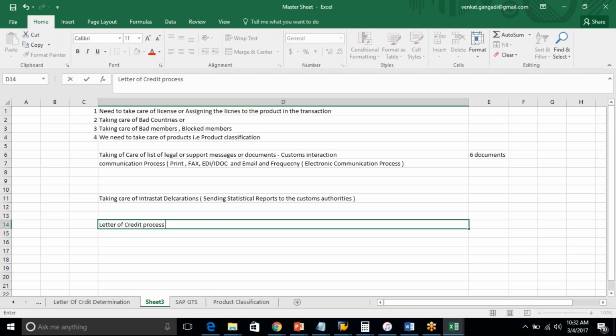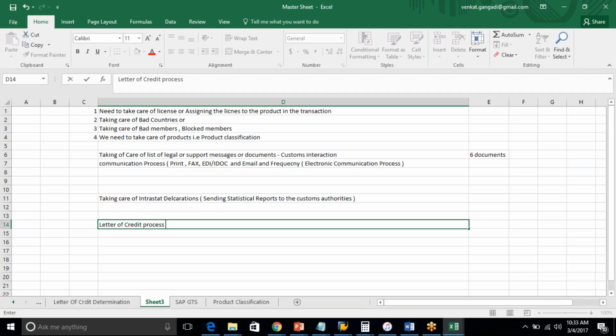You remember the NAFTA, North American Free Trade Agreement, or CAFTA, Central American Free Trade Agreement, or the European Union, or the European Free Trade Association. There are many free trade agreements in the world.